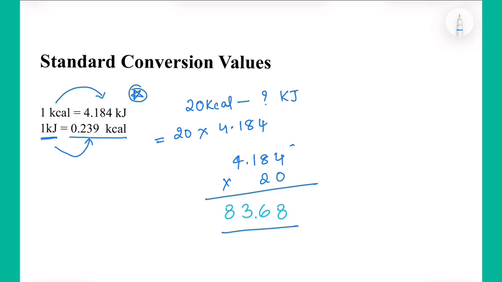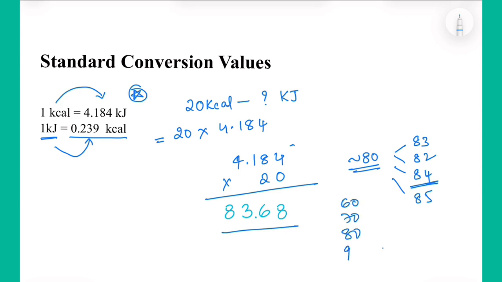In the exam, if you're not good at math, what you can do is 20 into 4 is 80, correct? So the option very near to 80 you can choose. But if all the options are near 83, 82, 84, 85, then it will be 84. So it depends upon the options. If the options are like 60, 70, 80, 90, you can opt for 80.